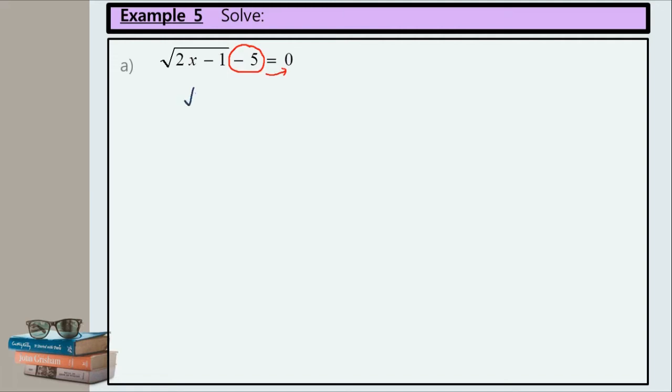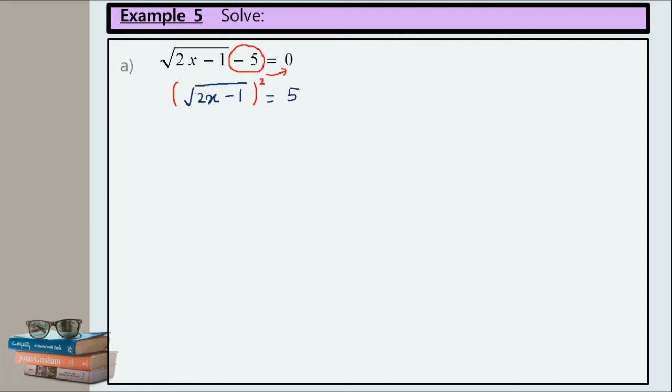We have surd 2x minus 1. Okay, bila kita transfer minus 5 ke belah kanan, kita akan dapat 5. So, if we square both sides, put bracket here, everything on the left hand side should be squared and also at the right hand side.